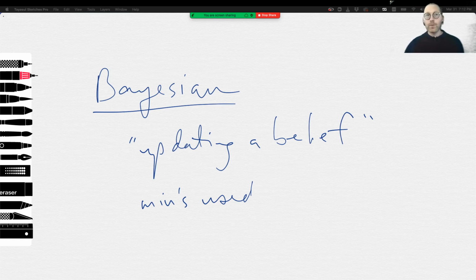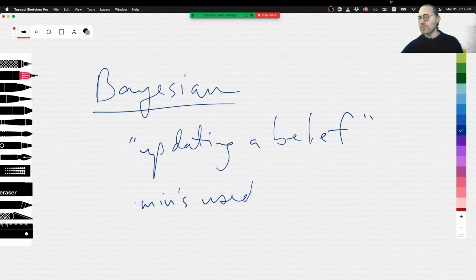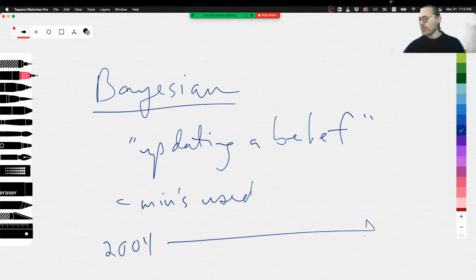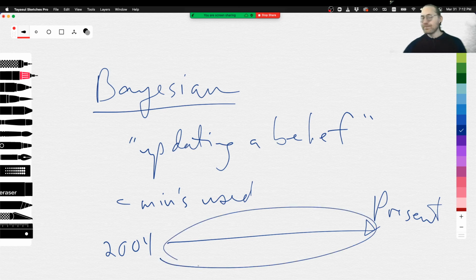Okay, so let's think about this in terms of, say, minutes used. You could look at your whole history of minutes used, starting in, let's say 2004 through the present. And you could say, well, there's some average number of minutes used that is the sum of all minutes used, divided by the number of users.